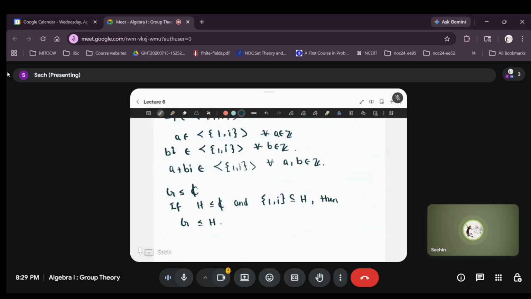And it contains 1 and I. So it must contain the Gaussian integers entirely.